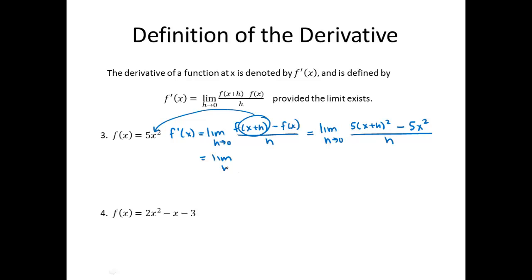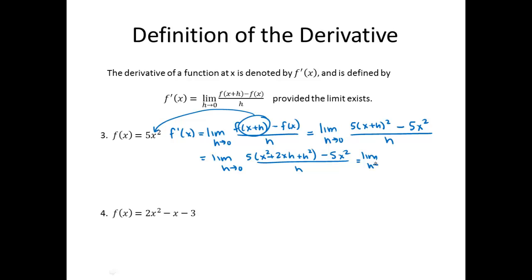The limit as h goes to 0 of 5 parentheses, I'm going to expand x plus h squared, x squared, plus 2xh plus h squared, minus the original, all over h. Okay, this one's going to clean up a little faster. I'm going to distribute the 5 next.